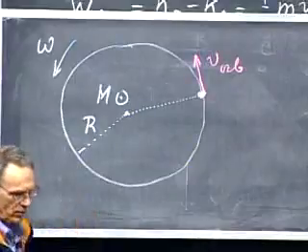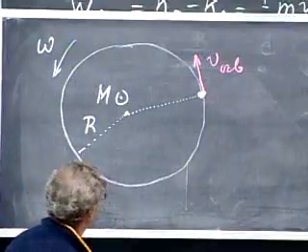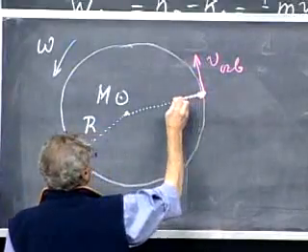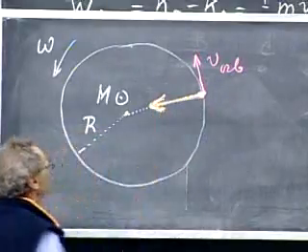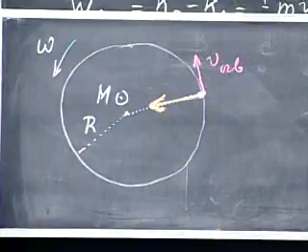It goes around with a certain angular velocity, and there has to be a force on the system, the gravitational force, which is the same as the centripetal force. That's the only way the object can go around in a circle.